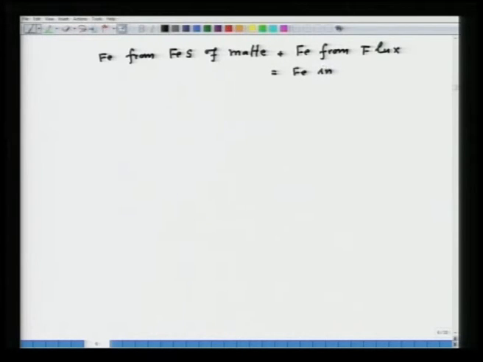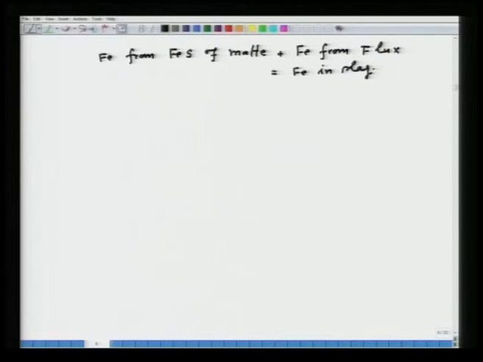In the iron balance, iron from FeS of matte plus iron from flux is equal to iron in slag.